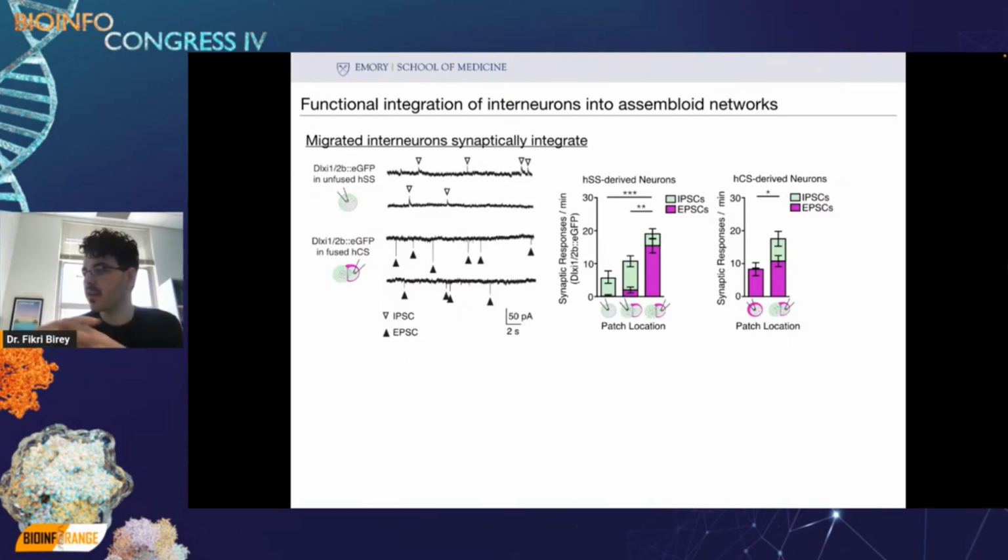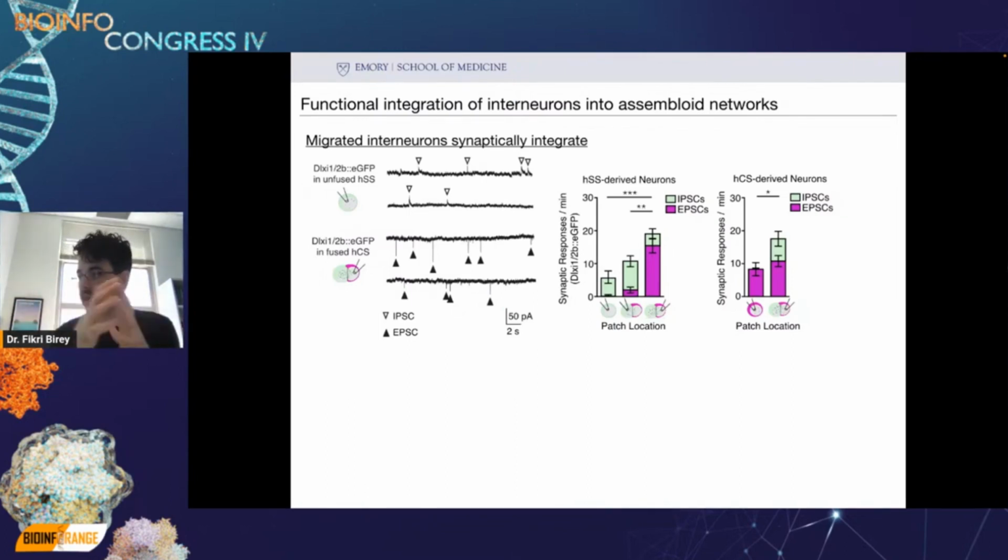But then our collaborator did the reverse experiment and asked, okay, are the excitatory glutamatergic cells receiving inhibitory, the GABAergic input? And that wasn't the case. When he patched unfused glutamatergic cells from an hCS, he didn't see any inhibitory postsynaptic currents.